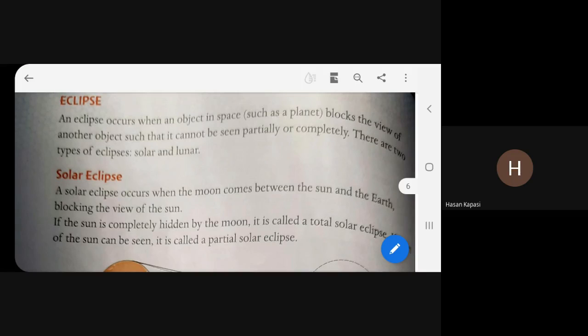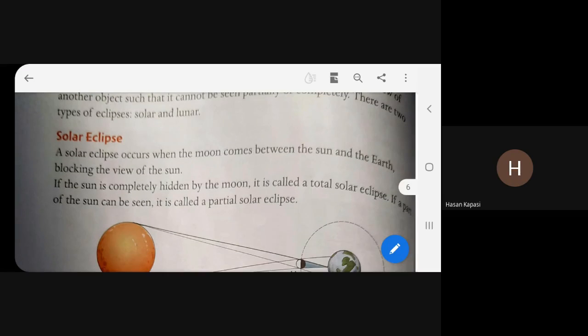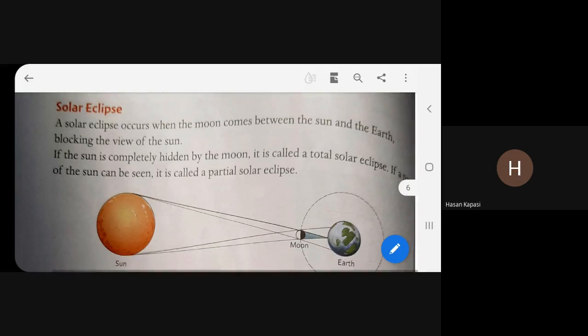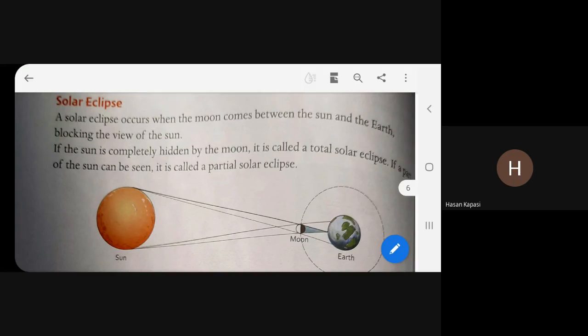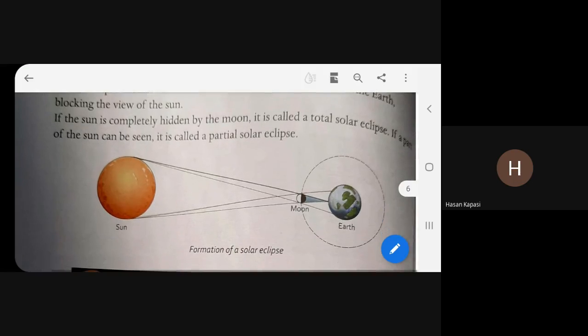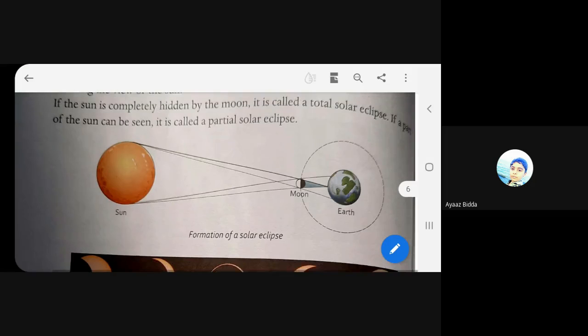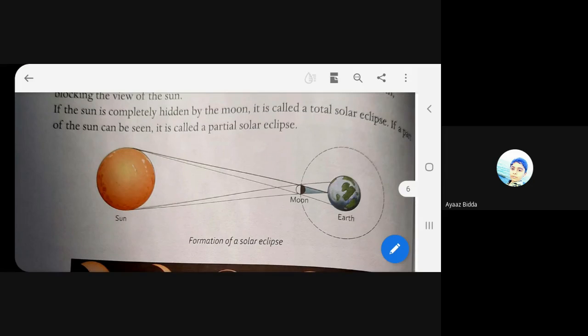This situation is known as an eclipse. We have learned that there are two eclipses, solar eclipse and lunar eclipse. When the moon comes in between the sun and the earth and blocks the view of the sun, which eclipse is that? Solar eclipse.